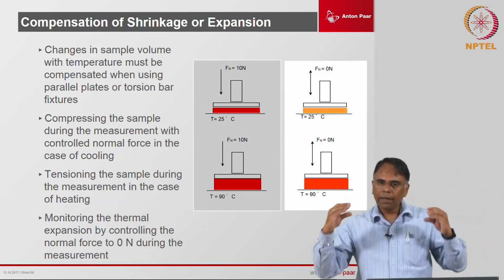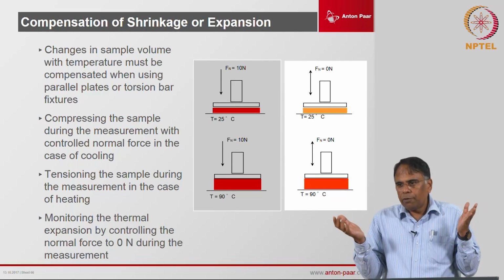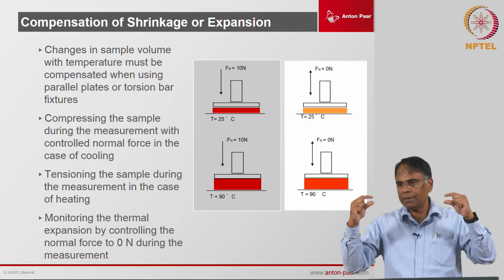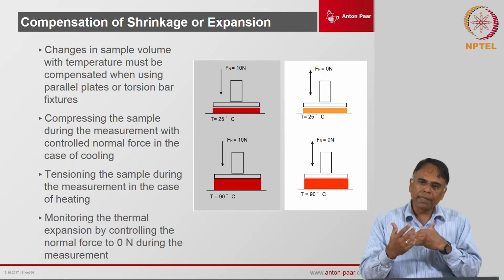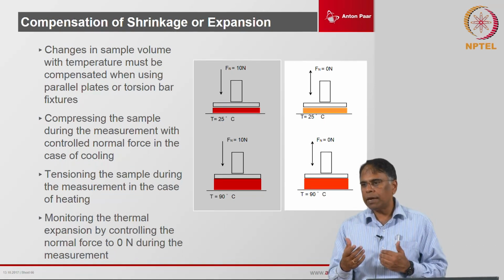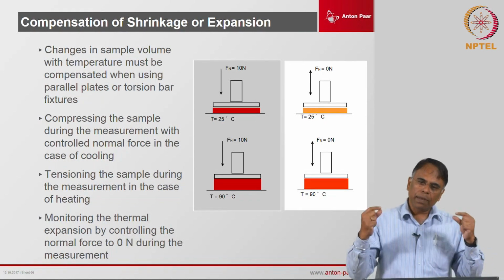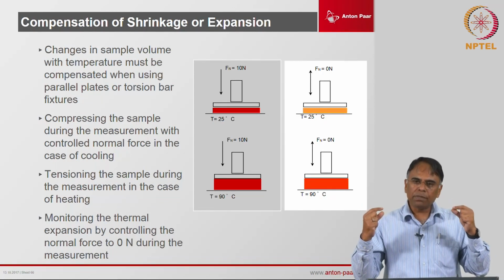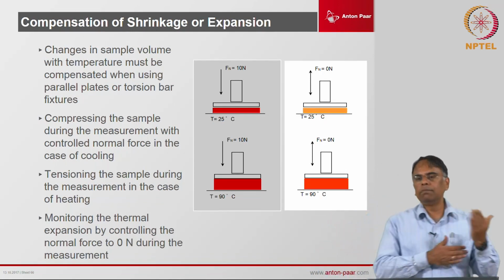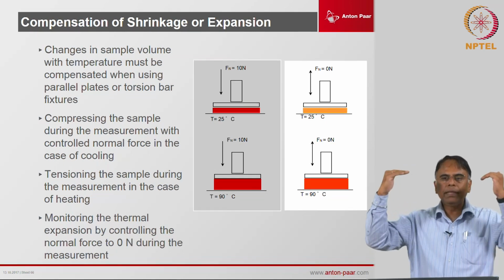Okay. So, that way we can control this, because what will happen if you have a contraction of the sample is that your gap is unfilled. So, you are now measuring with an unfilled gap, and the modulus that you are getting out of it is not correct. So, to make sure that the sample gap is completely filled at all times, you can use this normal force control to maintain the gap completely full by adjusting the gap during the test.